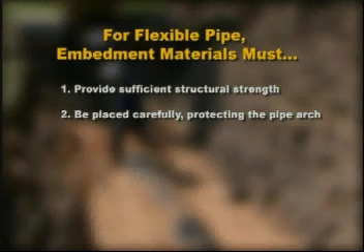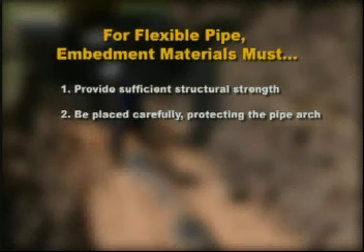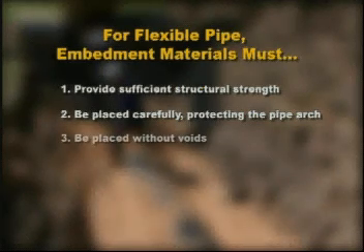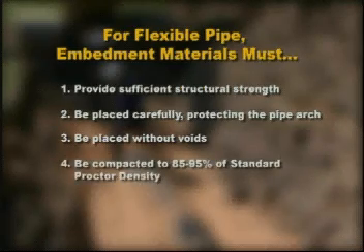Embedment material must be placed carefully, protecting the pipe arch without moving the pipe off of required line and grade. 3. Embedment material must be placed particularly in the haunching zone without voids. 4. Embedment materials for most flexible pipe installations must be compacted to 85 to 95% of standard Proctor density.